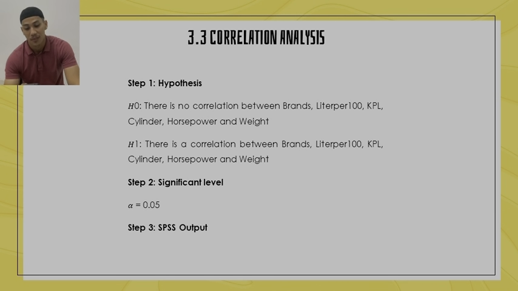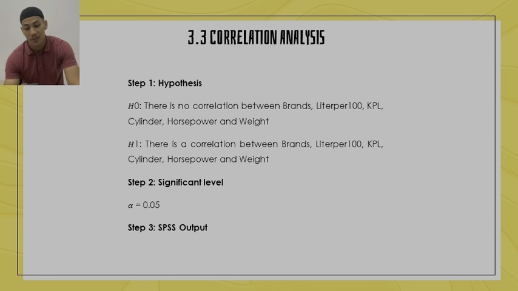In our analysis, we show in detail the 5 main steps which are state null and alternate hypothesis, significance level, SPSS output, decision rule, and decision based on hypothesis.